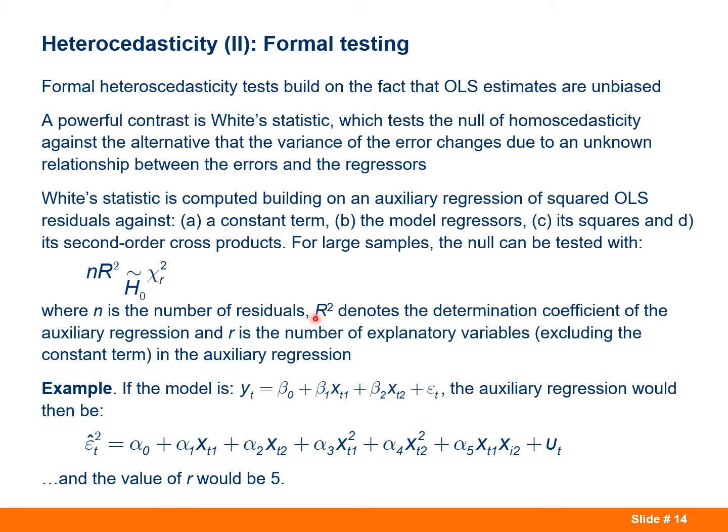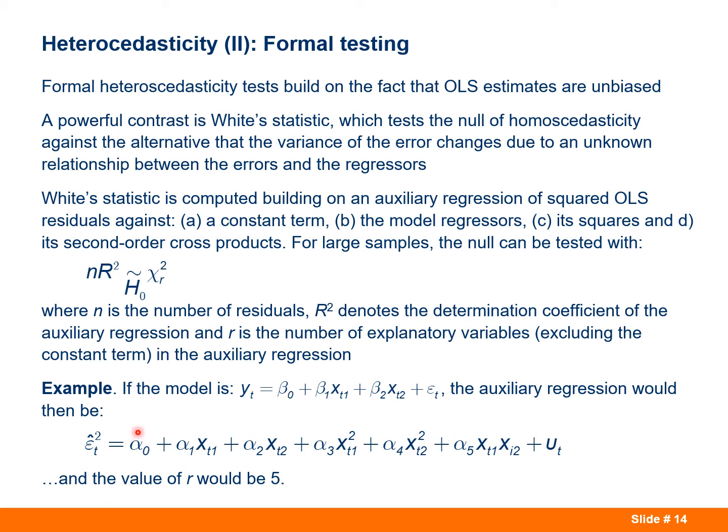N is the number of residuals in the auxiliary regression. The R squared is the determination coefficient of the auxiliary regression, and r is the number of explanatory variables in the regression, excluding the constant term.